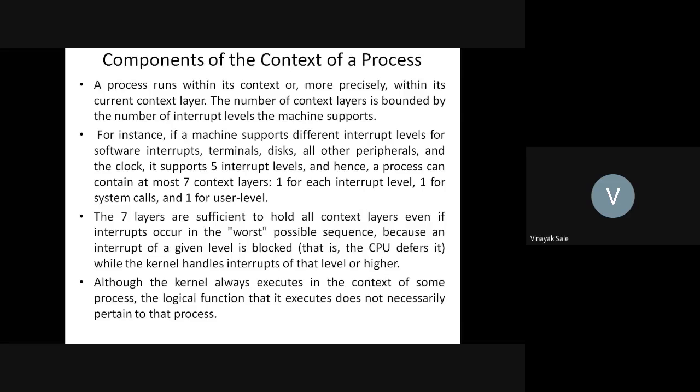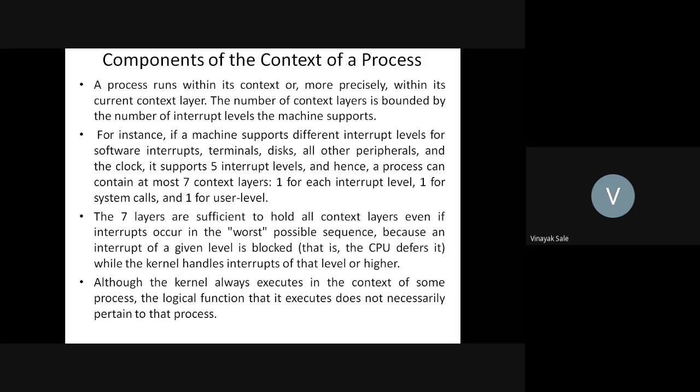For example, if the machine supports different interrupt levels for software interrupts, terminals, disk, all other peripherals, and the clock, it supports 5 interrupt levels, and hence a process can contain at most 7 context layers: one for each interrupt level, one for system calls, and one for user level.